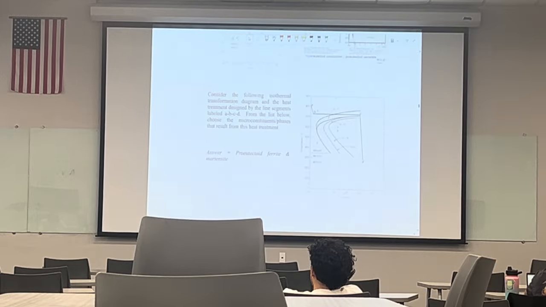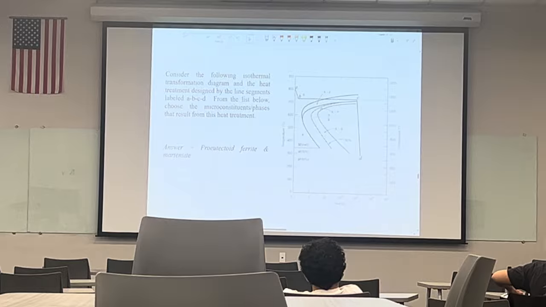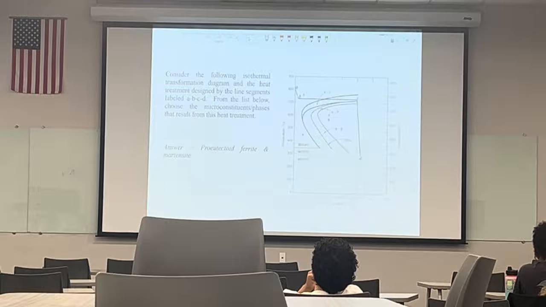Okay, so these questions are very short, and let's work on the first question together. Consider the following isothermal transformation diagram for the heat treatment designed by the segmented line labeled ABCD. So this is ABCD.